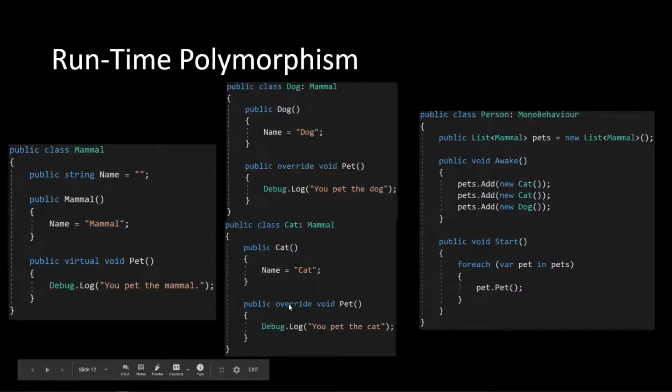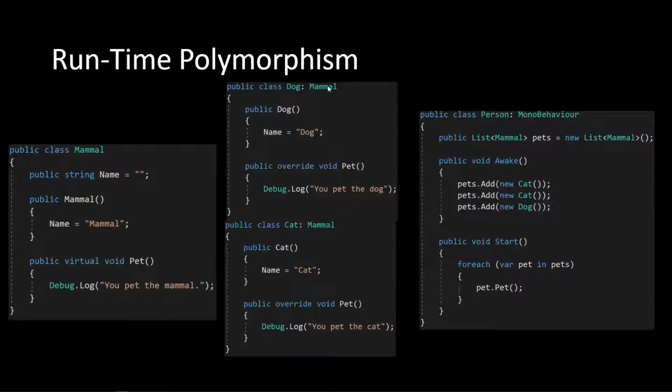Now, imagine you have these mammals, just like I had a weapon, whether it be weapon 2 or weapon 3 or just a base weapon. I could refer to them all in a similar way. So for example, here I might have a person who has a number of different pets, and they're all mammals.